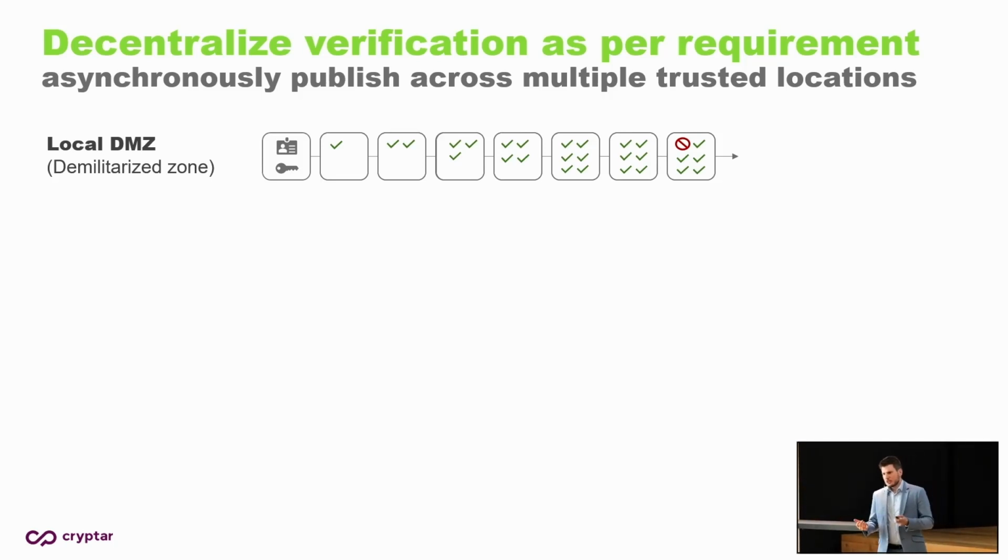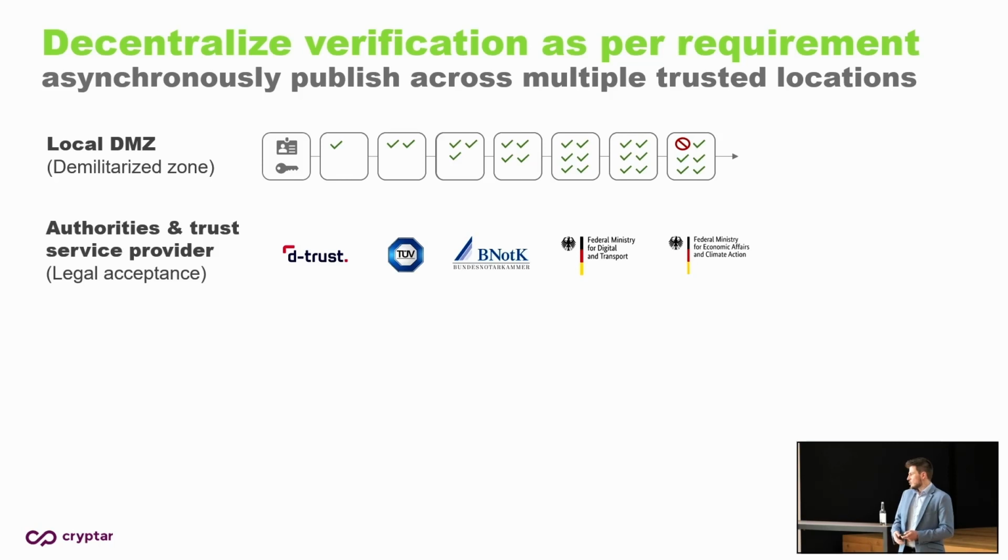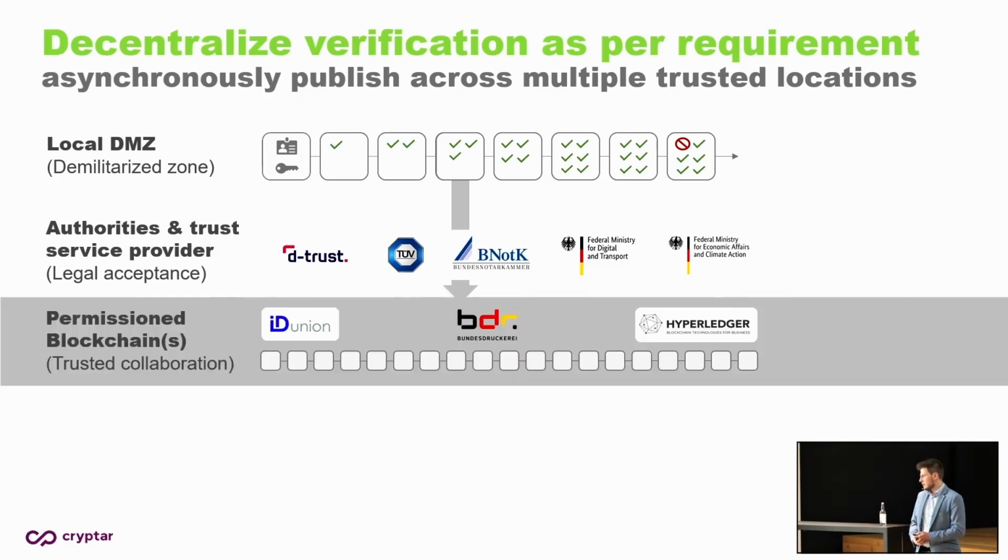This enables us to also publish this data or the fingerprints asynchronously. So on the one hand, we can publish it to authorities and trust service providers like TÜV, D-Trust, or even a governmental agency. But we can also asynchronously publish the same verification on permissioned blockchains like ID Union or even any local Hyperledger implementation.